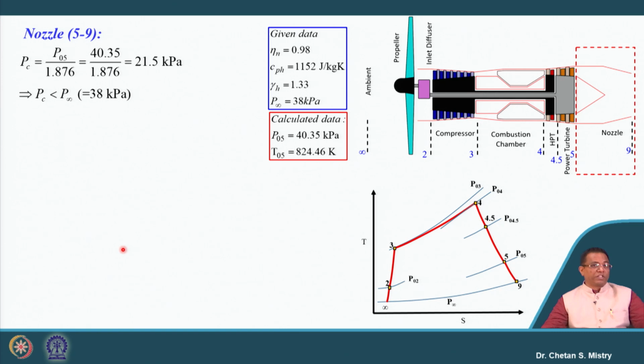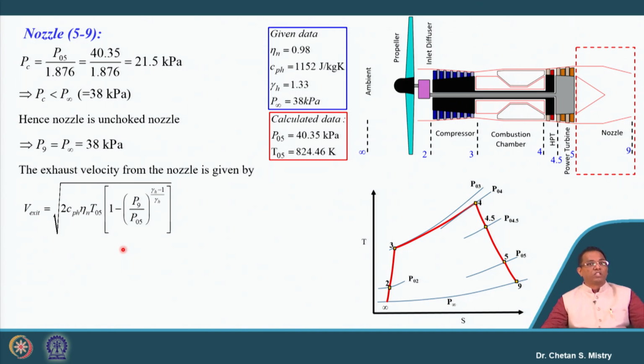This critical pressure is lower than our atmospheric pressure. So we can say this nozzle is unchoked nozzle. And what will be our exit pressure? This exit pressure will be our ambient pressure, and that's what we are taking as 38 kilopascal.